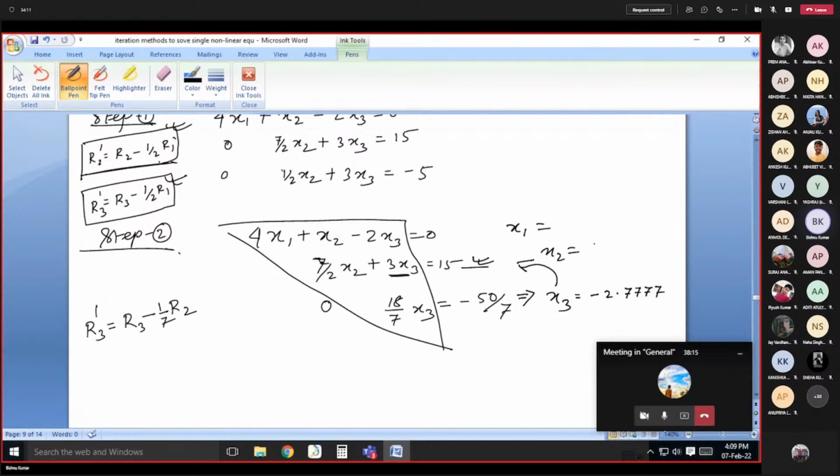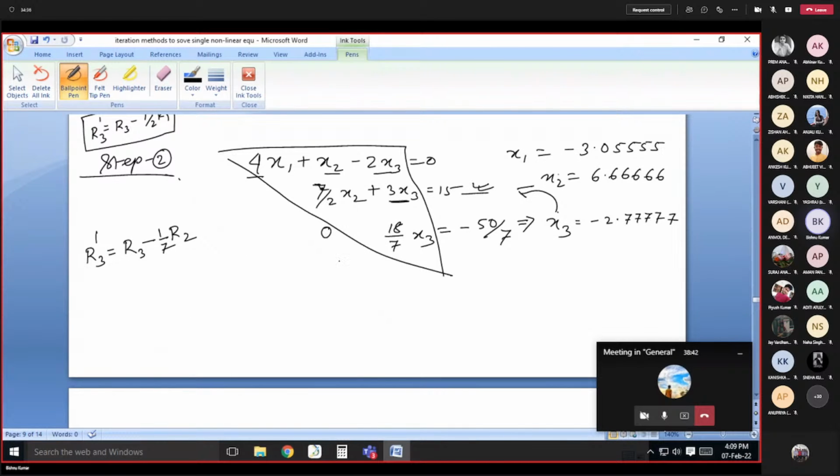It will give you 6.6666, like that. Okay. And if you use these two values, x3 and x2, in the first equation, bring those two terms to the right hand side, divide by 4, you will get x1. X1 will be minus 3.0555, like that. Okay.